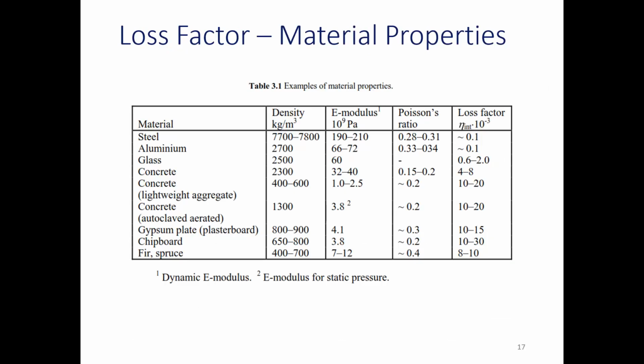So here we have this table of materials and their properties. A lot of these come into play in these equations as we've seen, but here's the loss factor. That one's probably a little more difficult to find than these others. Here it is.